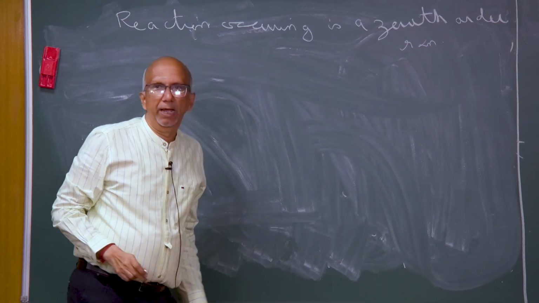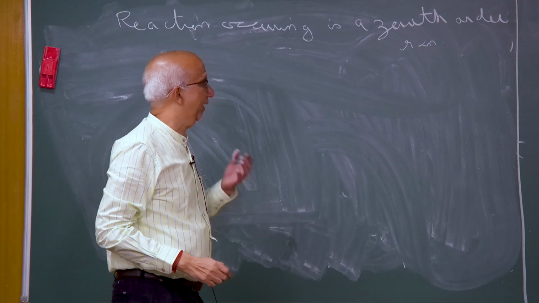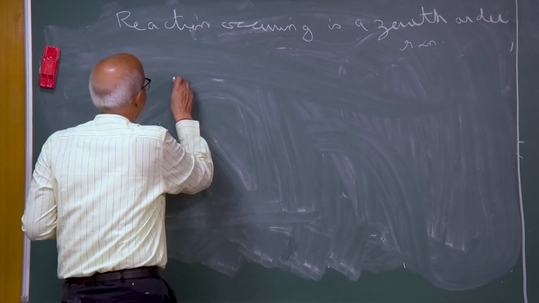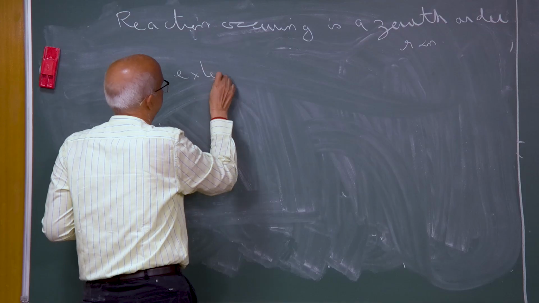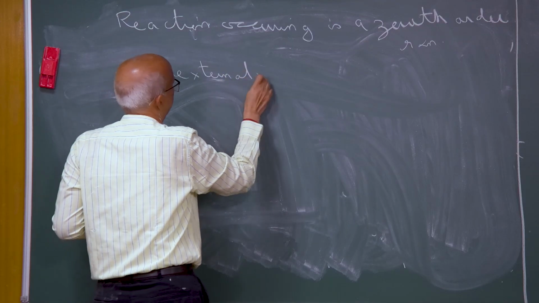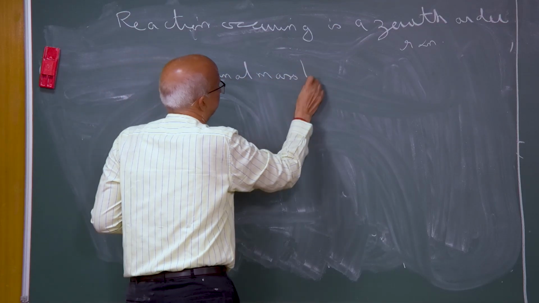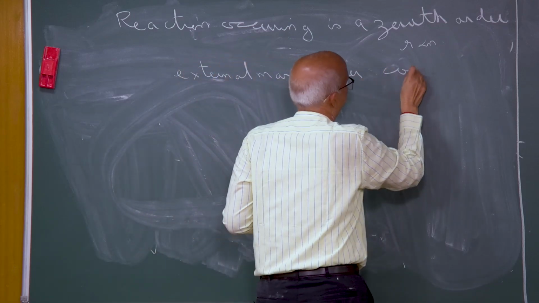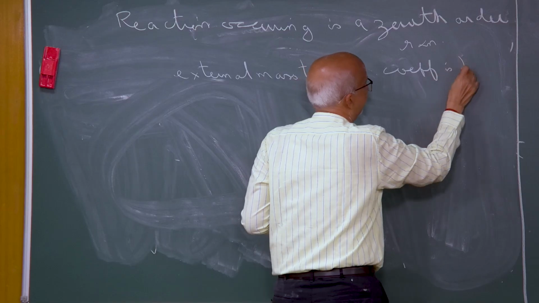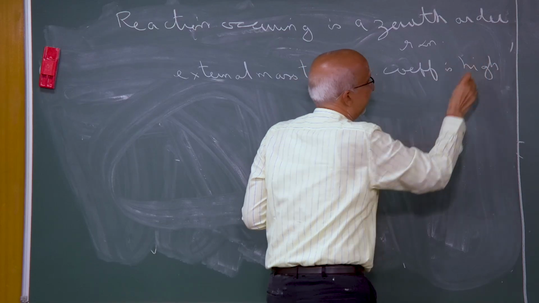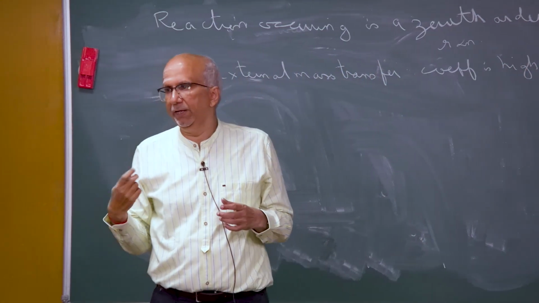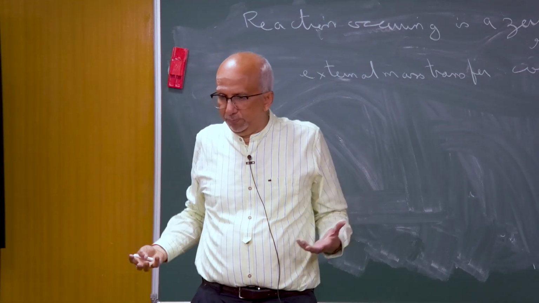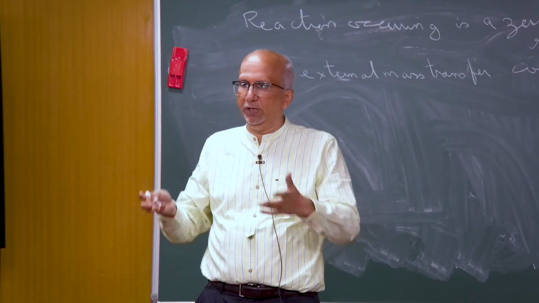And let us say the external mass transfer coefficient is high. For example, your Sherwood number is very high, you are stirring it, or you are making the gas or liquid flow at a very high rate.